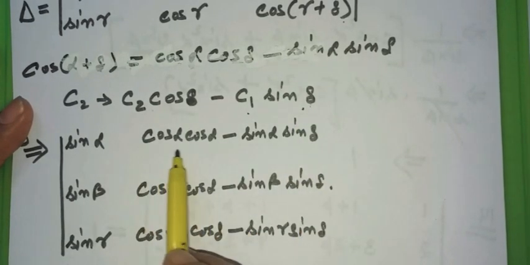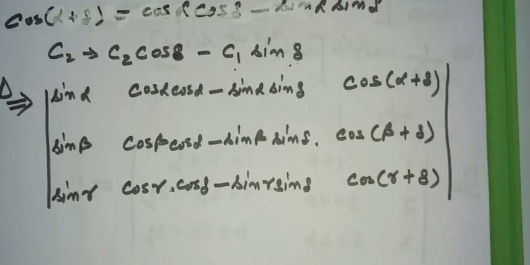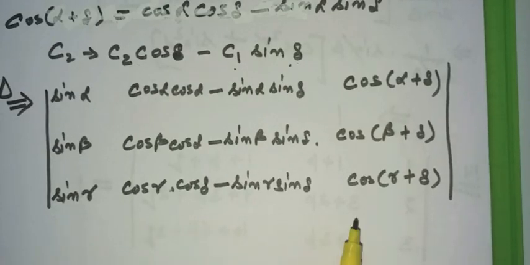So you can see this is the first element of the second column, second element, and third element of the second column. Now the third column I am going to copy because there is no change in the third column. So the given determinant changes to this determinant.